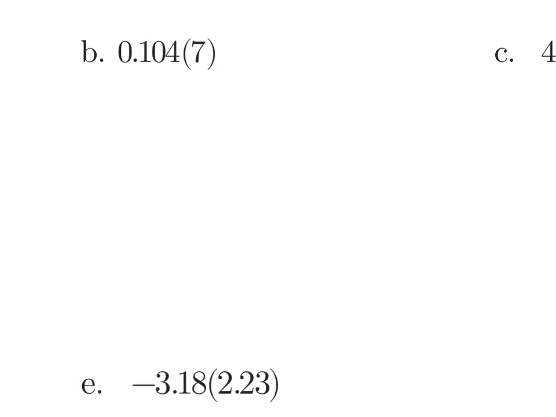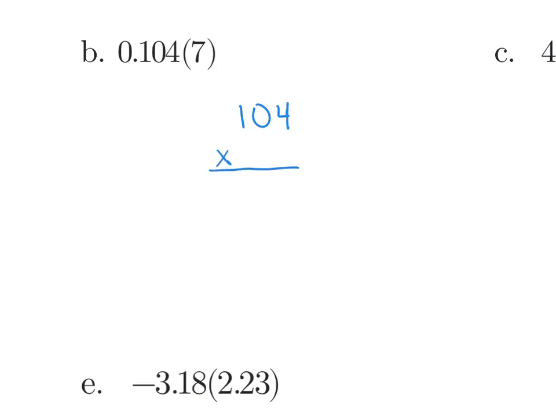We want to think about which number has the most number of decimal places. So for instance, on this one, 7 is technically larger than 0.104, but it has fewer digits. And so for this problem, I'm actually going to put the 104 on top.